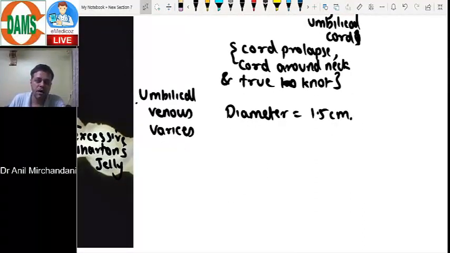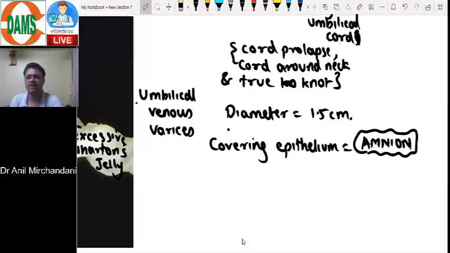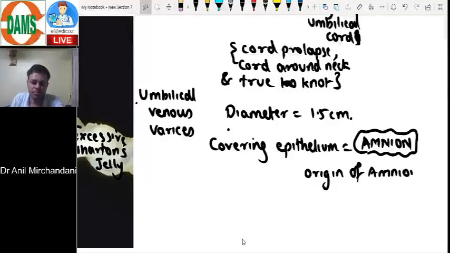Then the covering epithelium of cord is called amnion, that shiny glistening layer which originates from ectoderm. The origin of amnion is ectodermal.